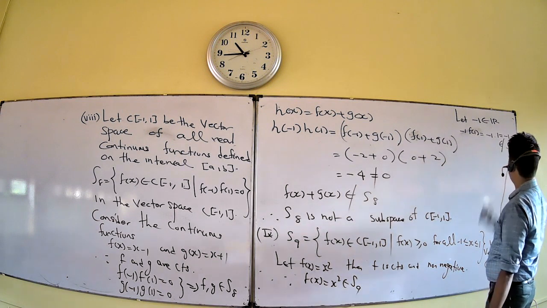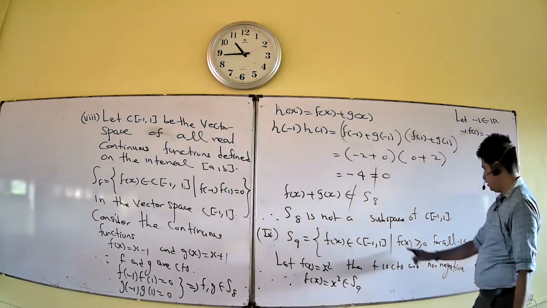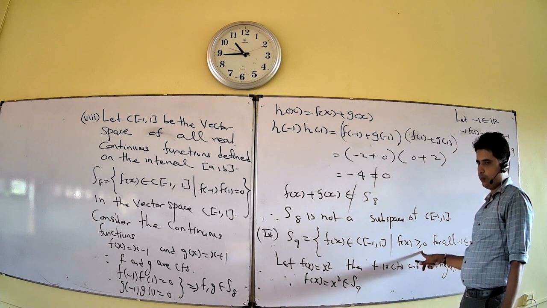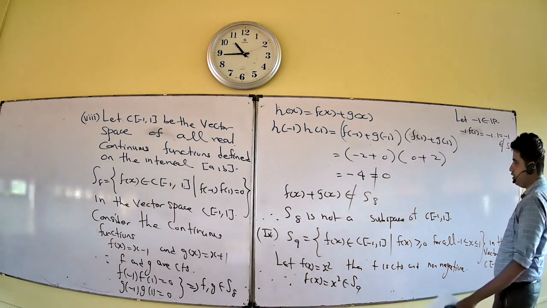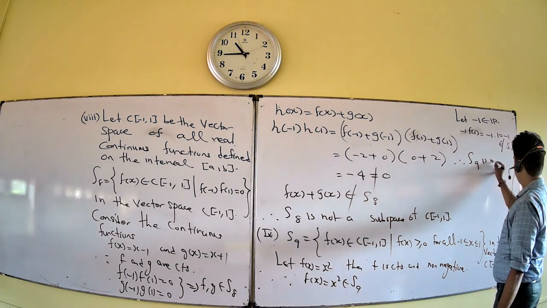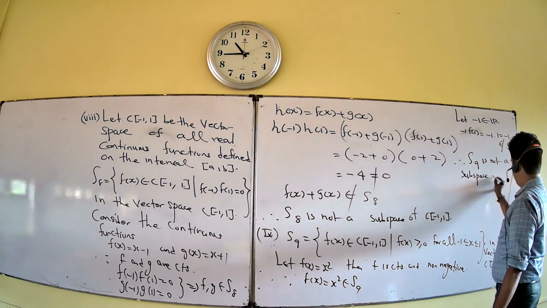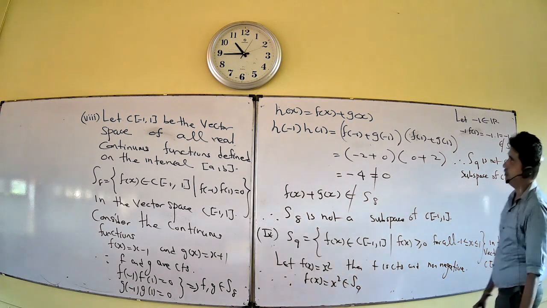Scalar multiplication is not satisfied, because the image is minus 1, and the image should be greater than or equal to 0. Here the image is less than 0. Therefore it's not an element of S9, and S9 is not a subspace of C minus 1 plus 1.